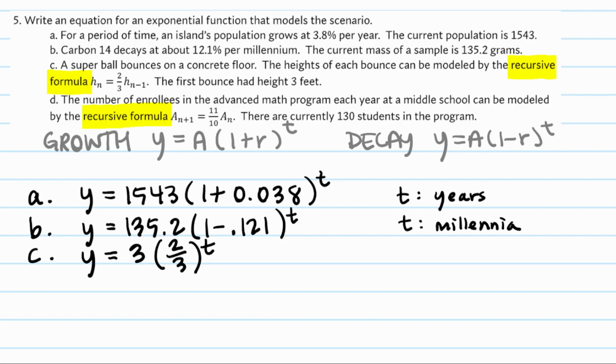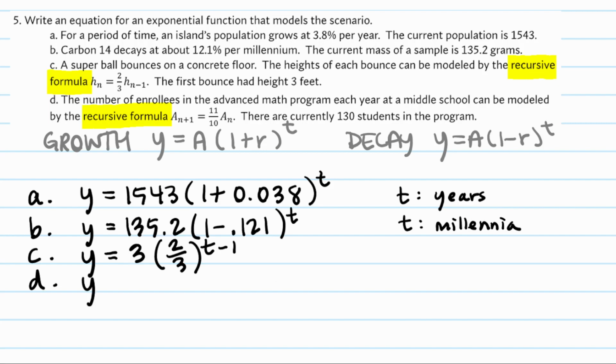Because when t is 0, oh, that's the thing. The first bounce had height 3 feet, so when I plug in t equals 1, I need to get y equals 3. That's what can be tricky about this: we just need to make sure that it works. But when I plug in t equals 1, I'm going to have height 2, that's the second bounce. So I think what I need to do here is just do t minus 1. And t is like the number of bounces.